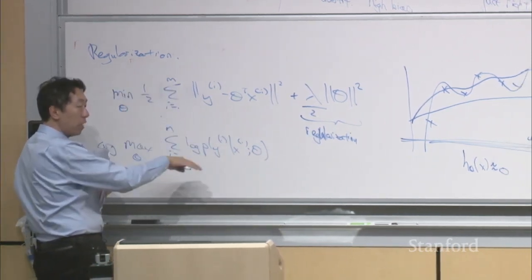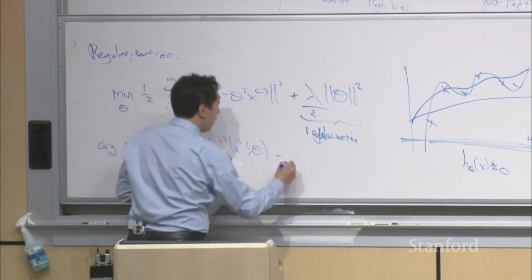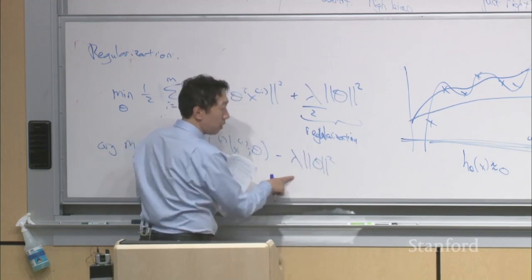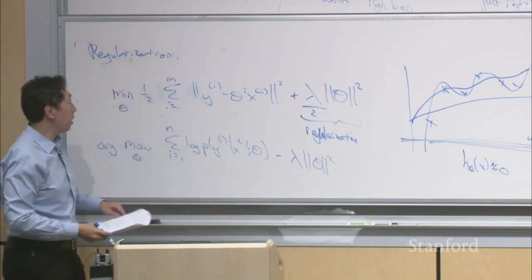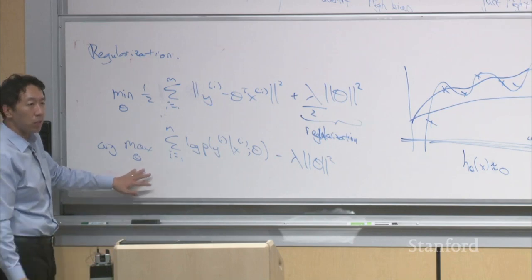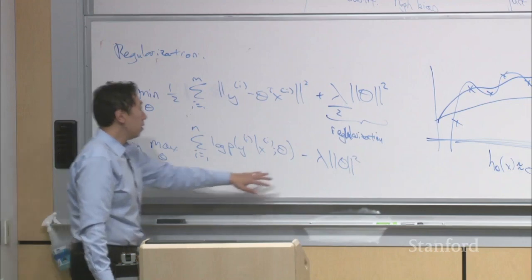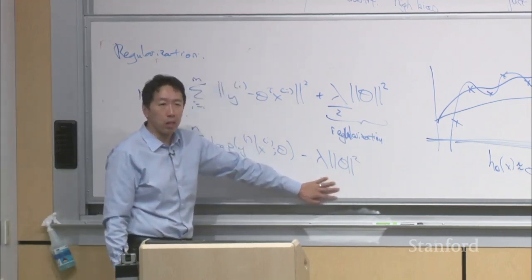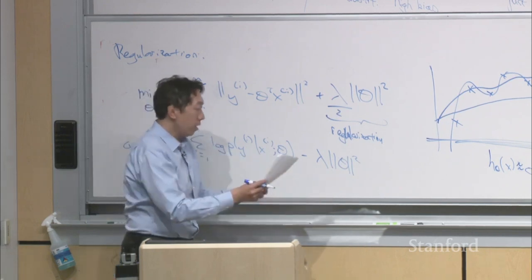If you're applying logistic regression, then this was the original cost function. Then you can have minus lambda, or lambda over 2, it just depends on the scaling of lambda, times the norm of theta squared. And there's a minus here because for logistic regression, we're maximizing rather than minimizing. Or this could be argmax in any of the generalized linear model family as well. But by subtracting lambda times the norm of theta squared, this allows you to also regularize a classification algorithm, such as logistic regression.